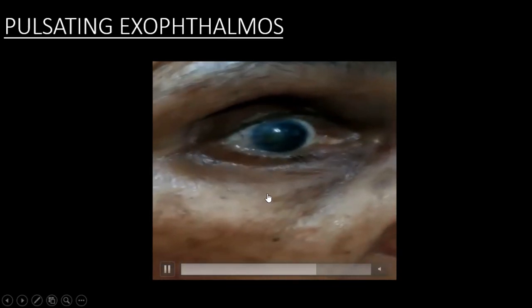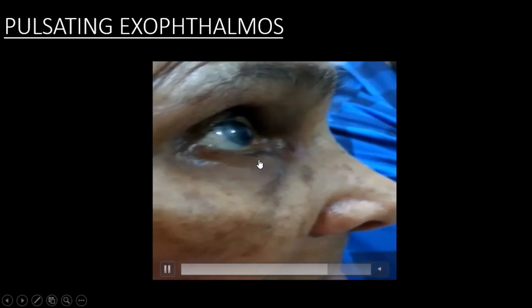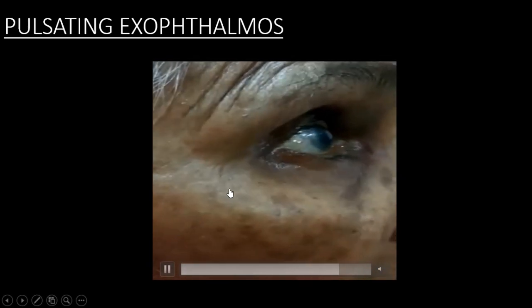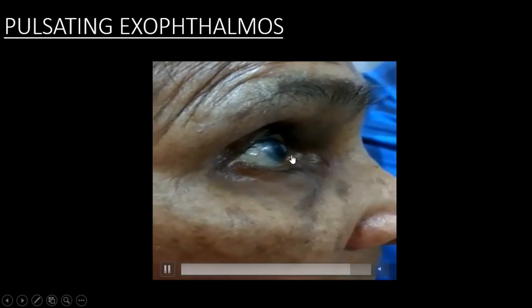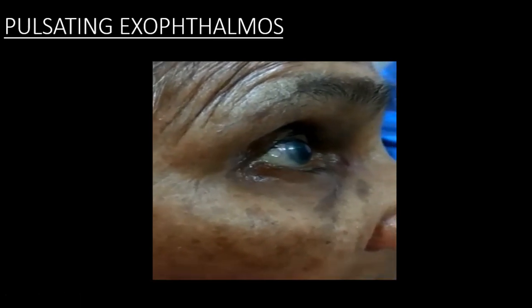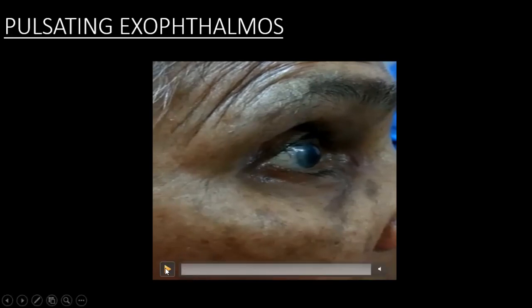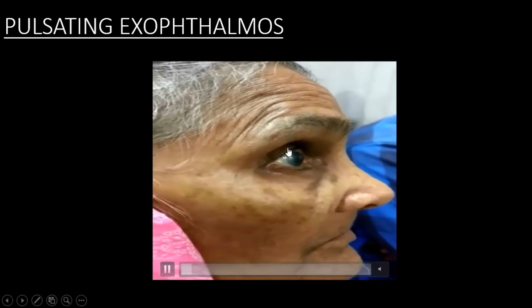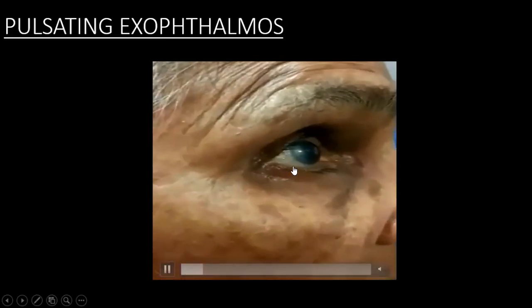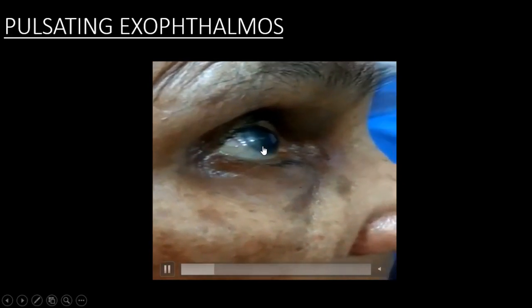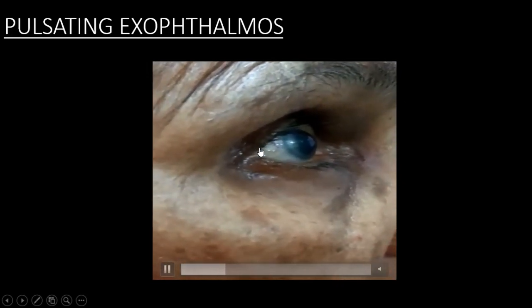Maybe the patient had a fracture at the base of the skull on the right side, leading to the rupture of the right internal carotid artery at the cavernous segment, hence an arteriovenous fistula, which will lead to the pulsating exophthalmos. Let's have another look. You can see these pulsations are in synchrony with the radial pulse.